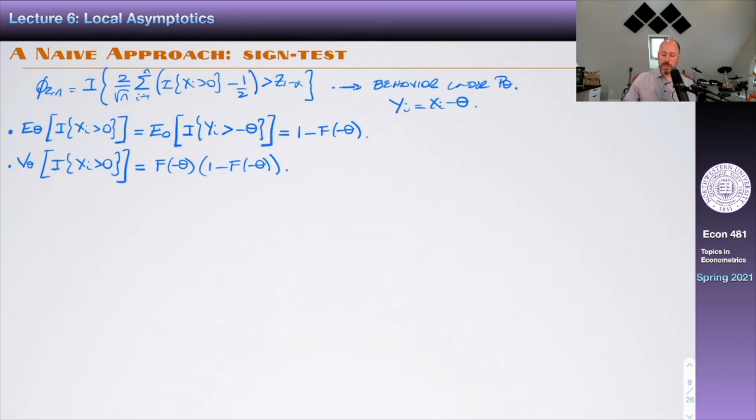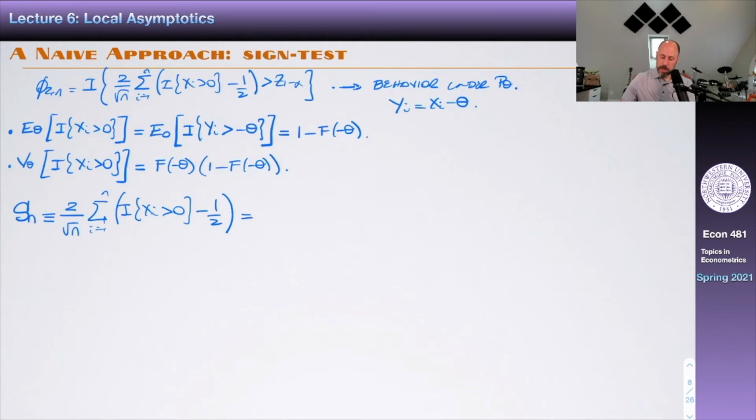So what I want to do in a way is to rewrite this object first so that it is properly centered. Okay? So how do we make sure that the object is properly centered? We're just going to add and subtract the right mean so that we can get the object that we want. So let me define Sn, which is the statistic of the sign test, as 2 square root n sum from 1 to n of the indicator xi is greater than 0 minus a half.